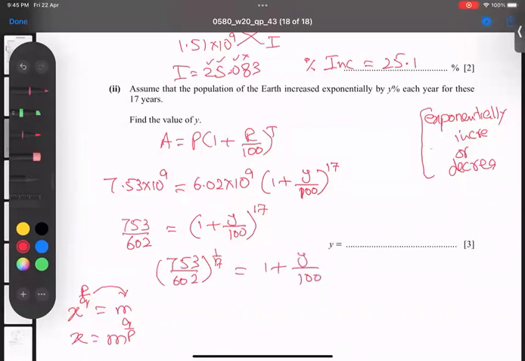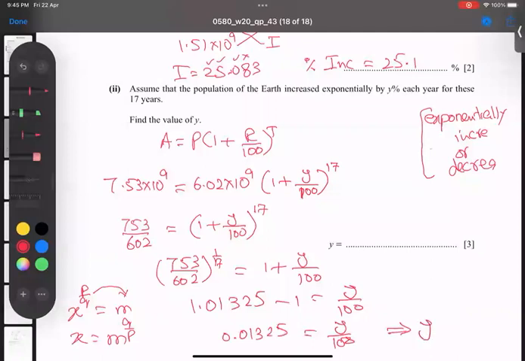1 + y/100 as it is. Now this one will subtract. So if I take the power of this, 1 divided by 17, I get 1.01325, and this one subtract. So I get 0.01325 equals y over 100, and 100 multiply.